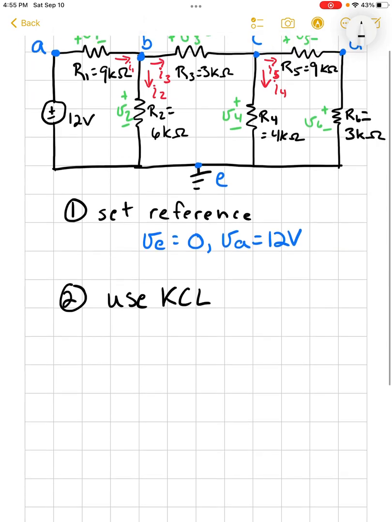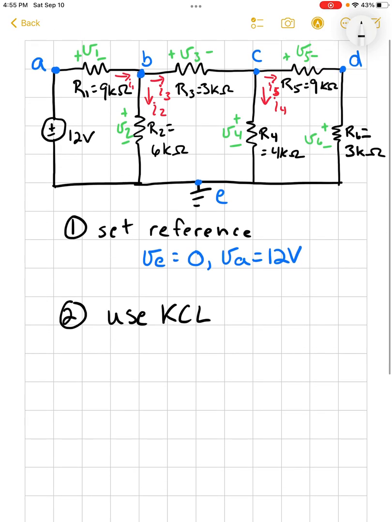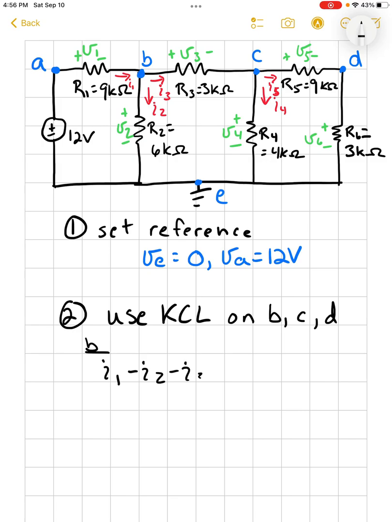We're going to start by looking at node B, because we're going to have to use this on nodes B, C, and D, since we don't know the node voltages there. So, starting with B, the current going into B is I1, and I2 is coming out, and I3 is also coming out. So that's our KCL equation.